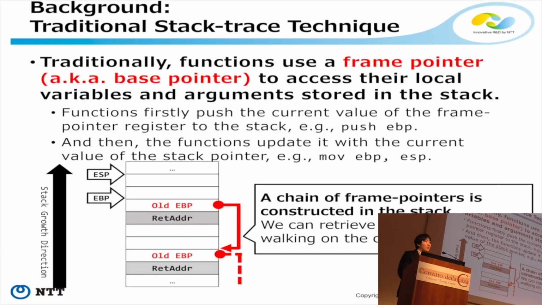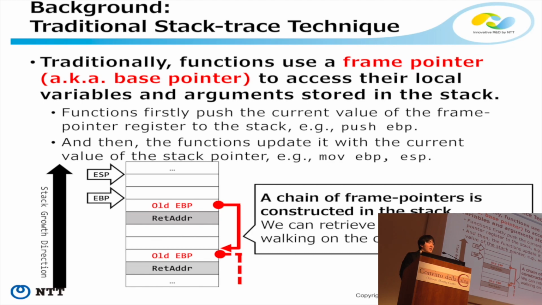I'll start talking from background. Traditionally, functions use a frame pointer to access their local variables and arguments stored in the stack. A function first pushes the current value of the frame pointer register to the stack, just like the push EBP instruction.